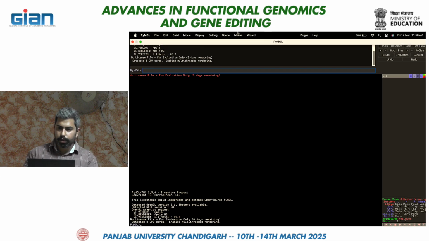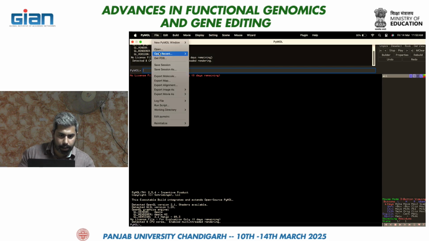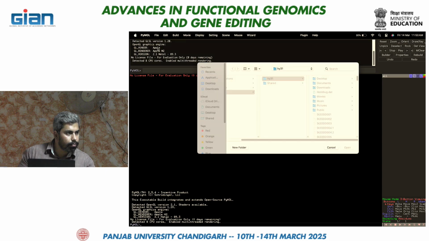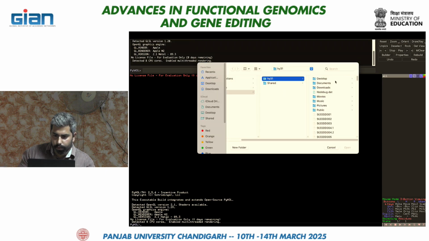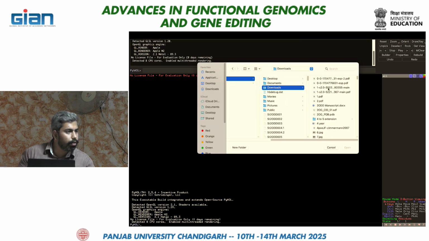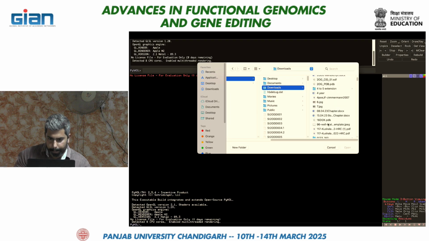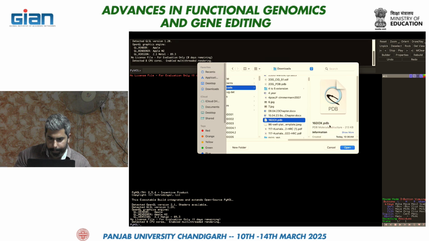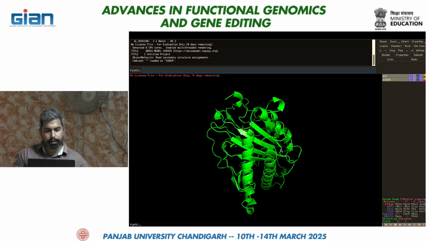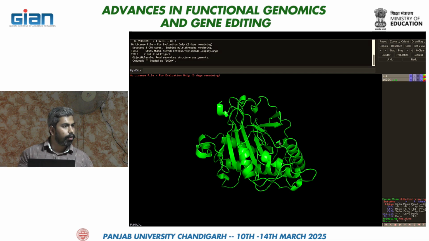The functioning is pretty much the same, we can click on File and open our molecule. If you don't want to download it, you can just have a look. So this is our structure.